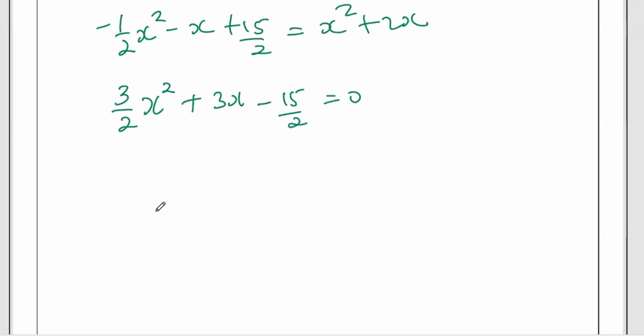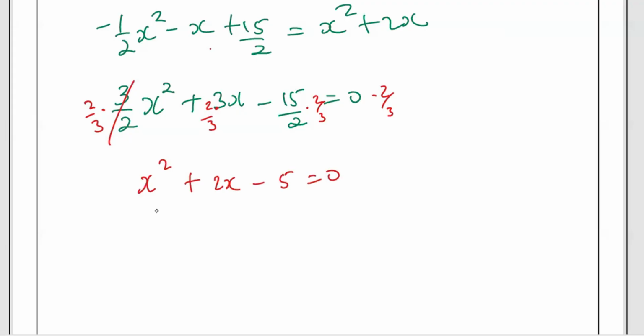Then let's multiply through by 2 over 3 because I don't want the fractions. So we have x² plus 2x minus 5 is equal to 0.